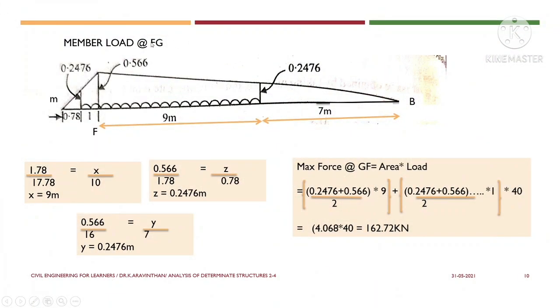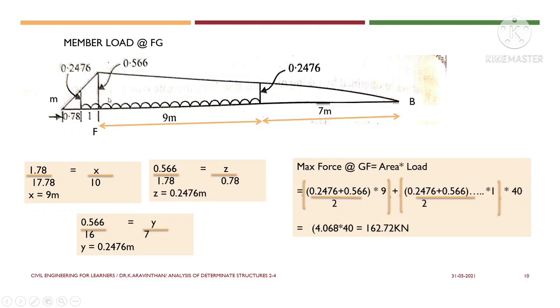Okay, so let us find the other half of the influence line for FG. So this is the remaining half of influence line. The F is located at a point of 16 meter from the joint B. So the remaining distance, earlier we have found out this is 1.78. While locating the load, we have the ratio.